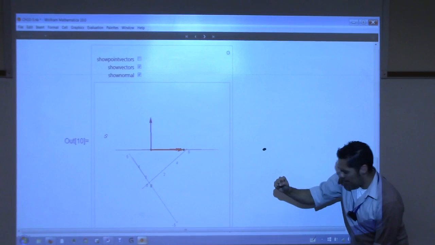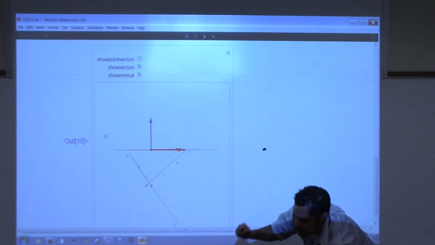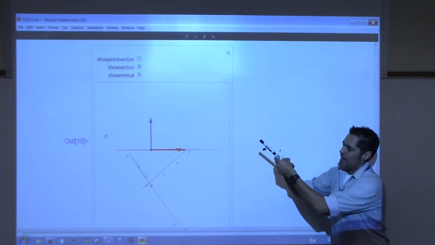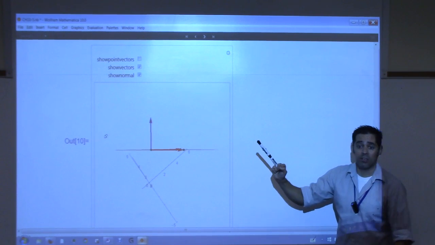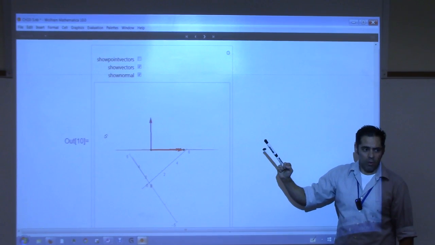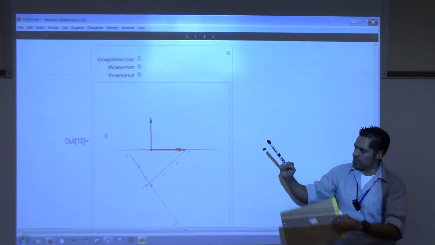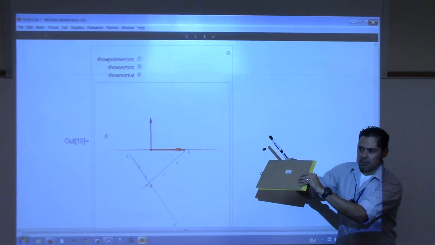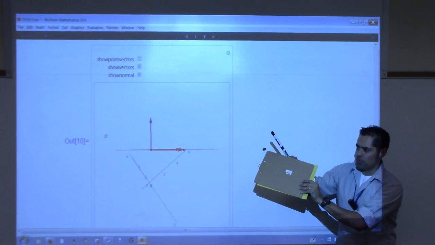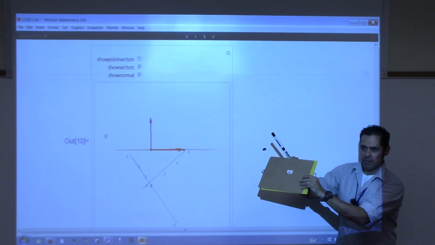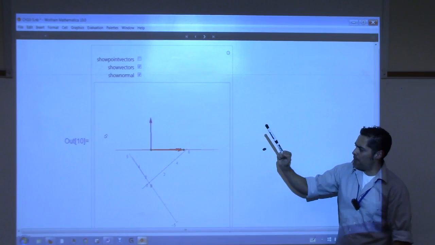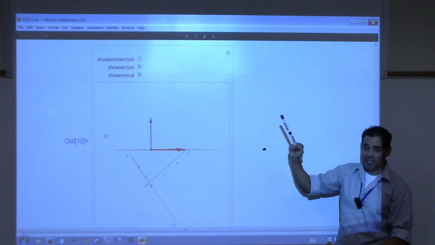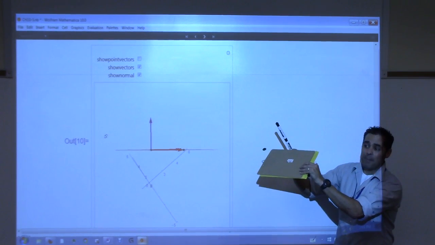So if I now tell you, look, here's the point in space, and I tell you that vector is perpendicular to the plane, there is only one plane you can put up here. It's this one, right? It's that one right there. I couldn't put this one up because it's not perpendicular, right? Do you see that with that point and that vector that I'm saying is perpendicular to the plane, there is a unique plane that goes through there?